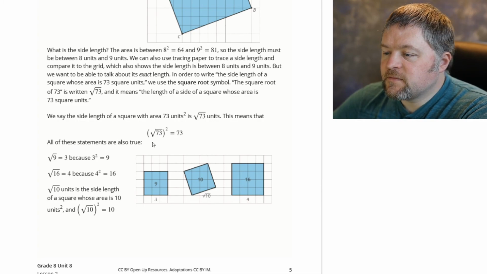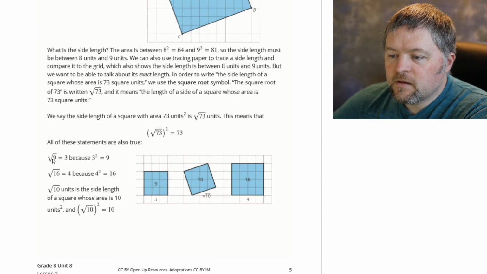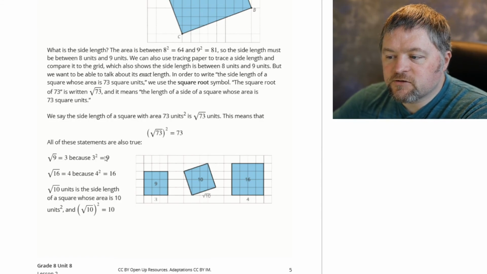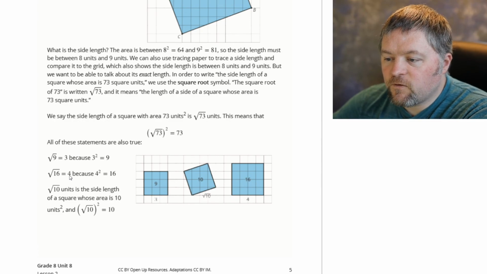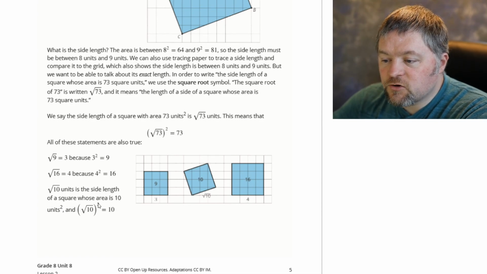All of these statements are also true. The square root of 9 is 3 because 3 squared is 9. The square root of 16 is 4 because 4 squared is 16. The square root of 10 units is the side length of a square whose area is 10 units squared. And the square root of 10 squared is 10.